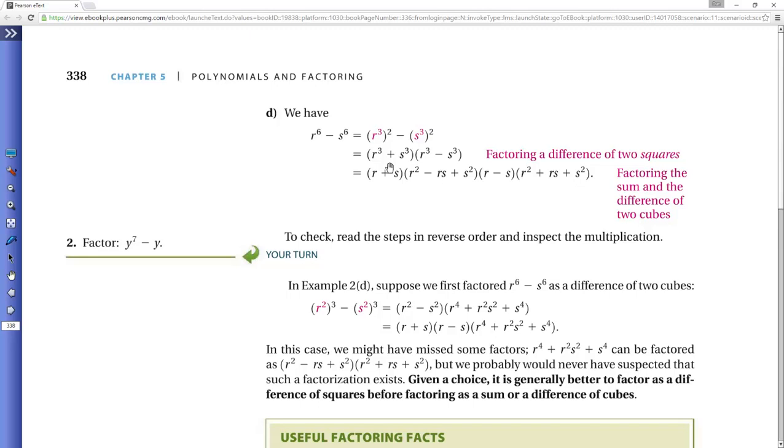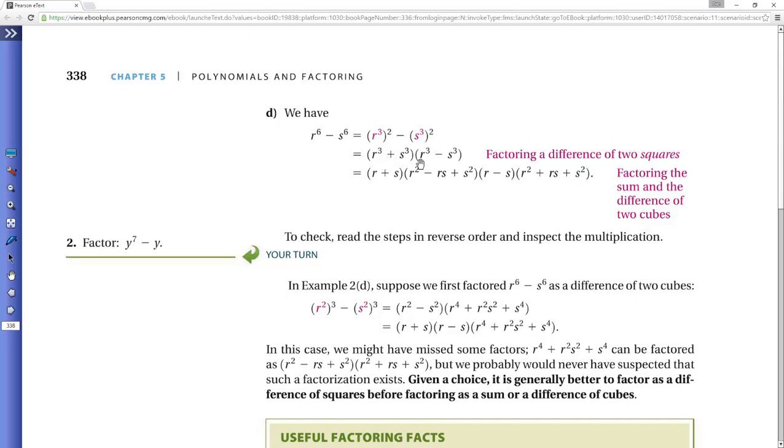So now when I have these, I look and say, well, there's no difference of squares I can do here again. There's no common factors, all those kind of things that we should perform first. So then I have a two-term expression here, a polynomial. I have difference of squares that I can look for, and then I have sum of cubes and difference of cubes.